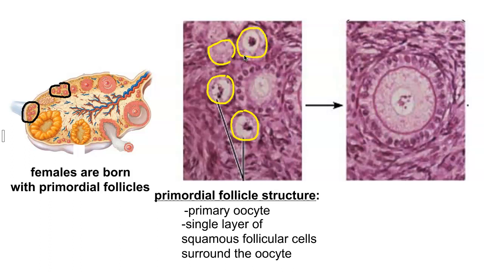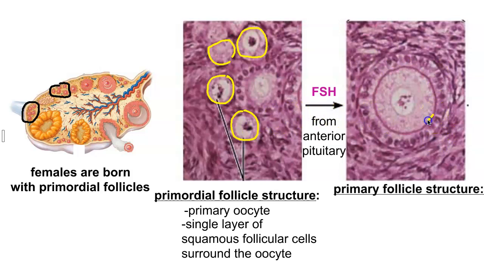Once the person enters puberty, hormones from the brain, particularly follicle stimulating hormone, or FSH, good name, are going to cause some of these follicles to wake up. It's going to activate them. And when the follicles first start responding to hormonal changes, the primordial follicle is going to differentiate into a primary follicle.